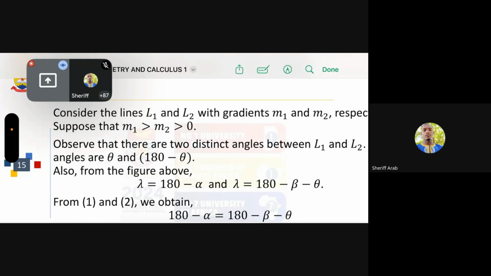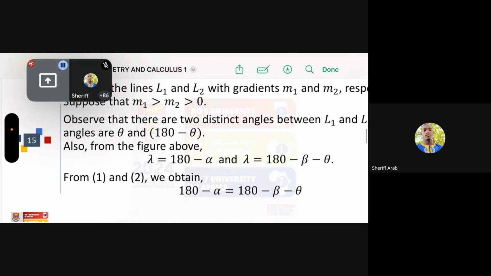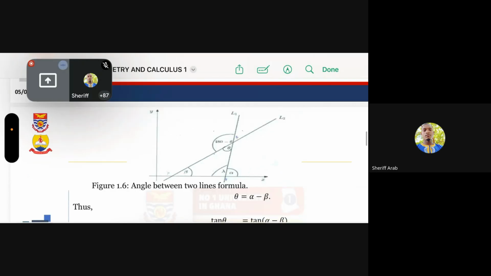Also from the above, I can look at lambda. I call this one lambda, this one beta, and this one alpha. These are just Greek alphabets that I'm using.